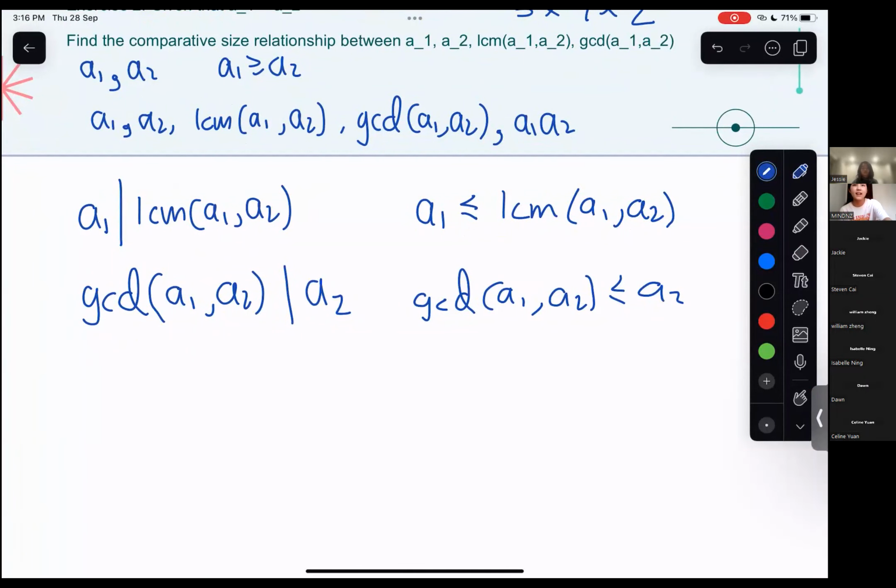Does everybody kind of get the idea behind it? Does everyone understand it?